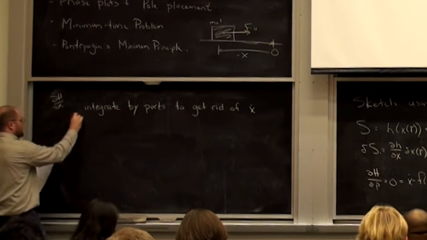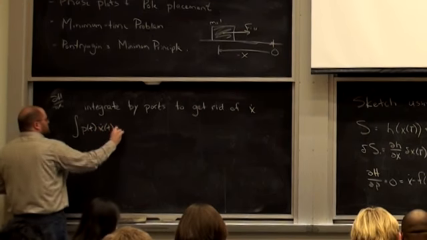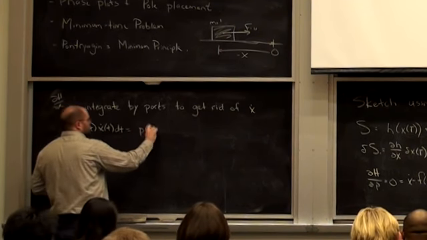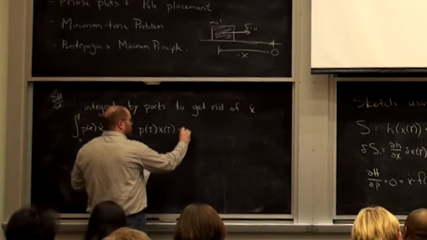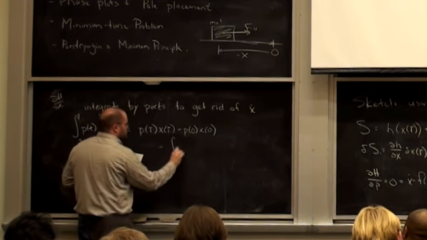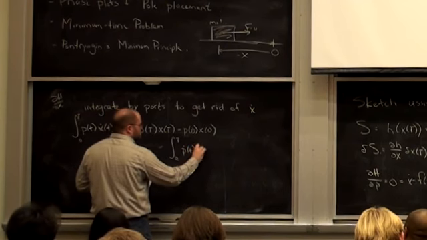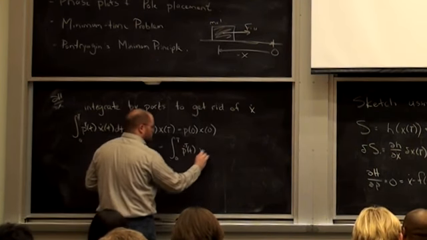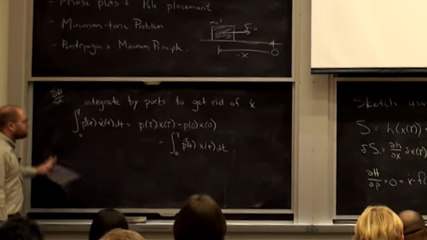So the integral of p of t x dot t dt from 0 to T is just going to be p of T x of T minus p of 0 x of 0 minus the integral from 0 to T of p dot transpose t x of t dt. I forgot my transpose. Basic integration by parts.